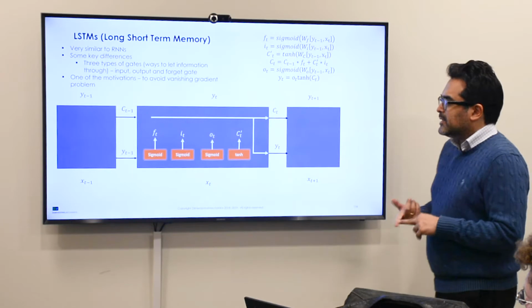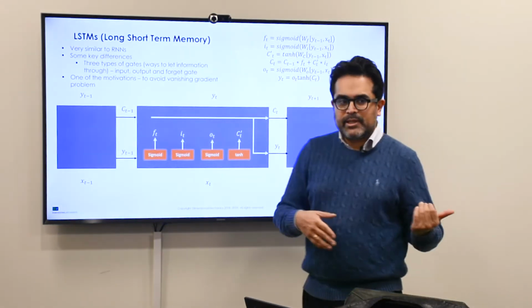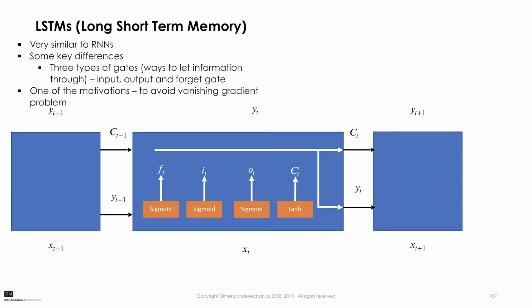The input gate, as the name suggests, is related to the input of the data. The output gate is related to the output of the data. And the forget gate is responsible for discounting some of the previous values, so that you can actually control the rate at which it forgets the previous value.